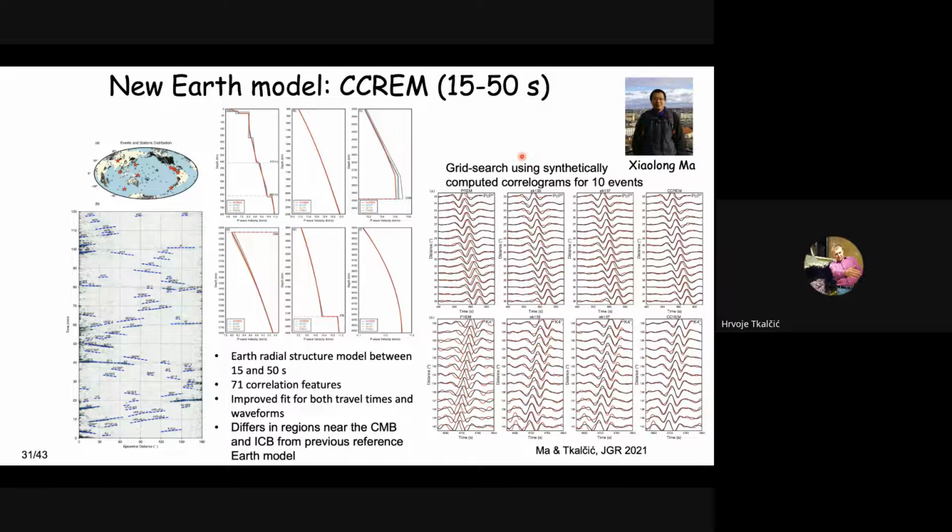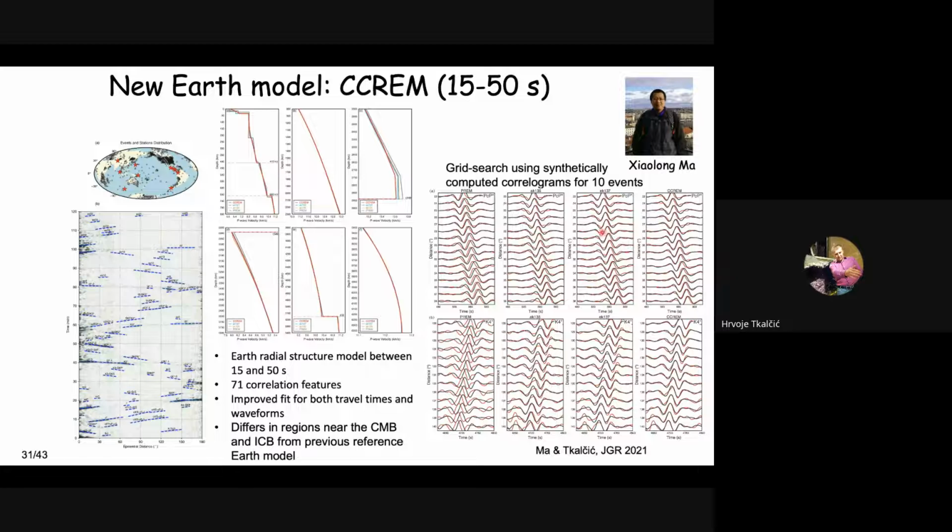And this is exactly between PREM, which is constructed using normal modes and the long period waves, and, for example, AK-135 or IASP, which are constructed by using high frequency, about 1 Hertz waves. And we did that by waveform modeling of these correlation features. And for that, we used 71 correlation features in the correlograms that we could identify.